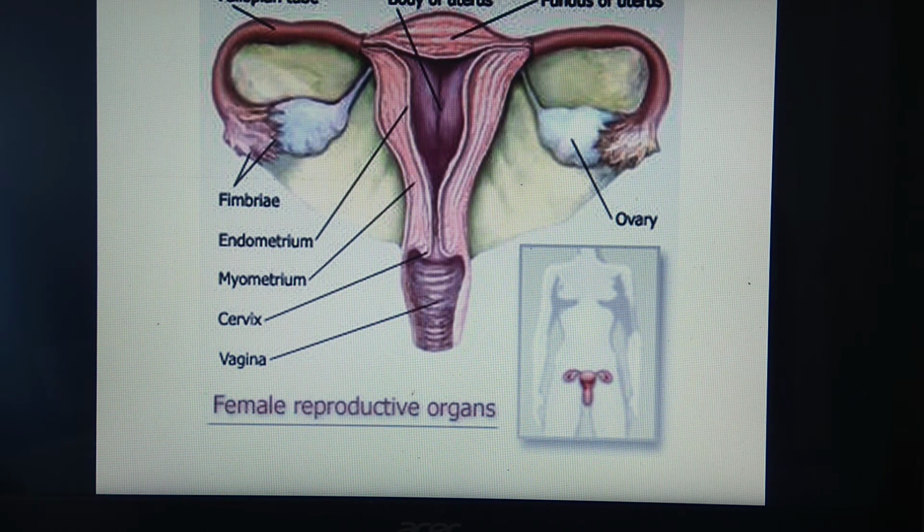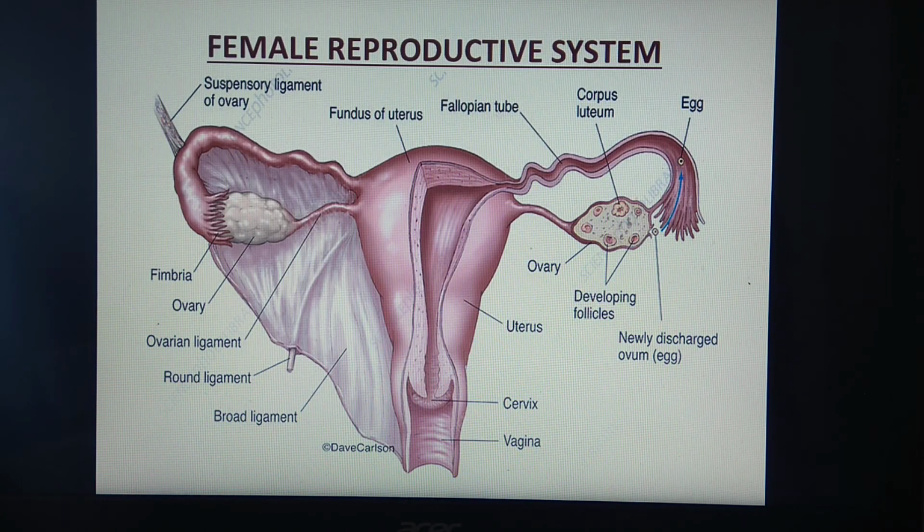Later on we have to see how the system is supported. The whole female reproductive system is supported by which structure? This ovary is supported by these ovarian ligaments. Here these two are the ovarian ligaments. It is labeled here. The function of the ovarian ligament is to provide attachment of the ovary to the uterus.